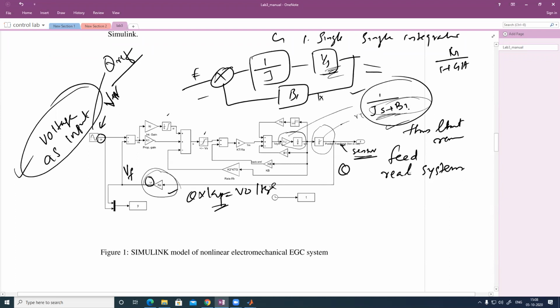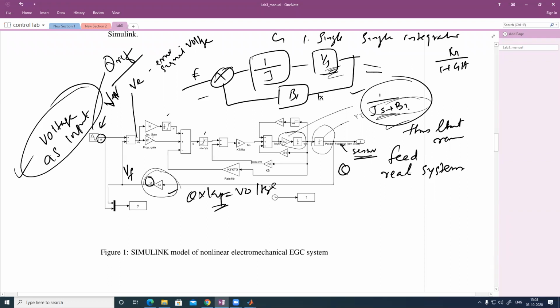The difference is VE, that is the error signal or error voltage. So VR is the reference, VF is the feedback and VE is the error voltage.